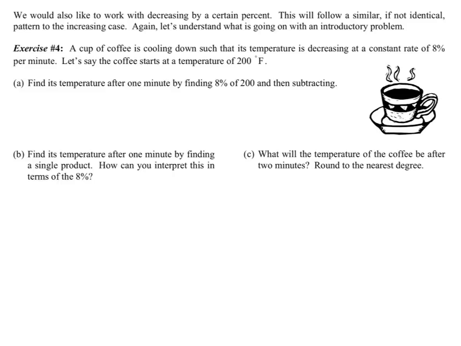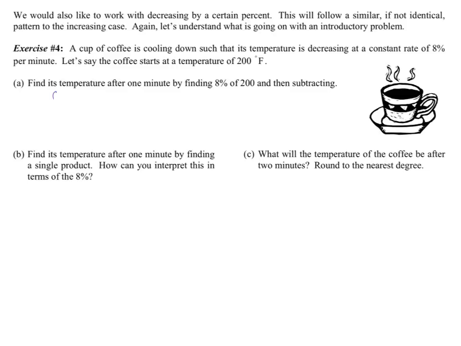We would also like to work with decreasing by a certain percent. This will follow a similar, if not identical, pattern to the increasing one. Again, let's understand what is going on with an introductory problem. So a cup of coffee is cooling down such that its temperature is decreasing at a constant rate of 8% per minute. Let's say the coffee starts at 200 degrees Fahrenheit.